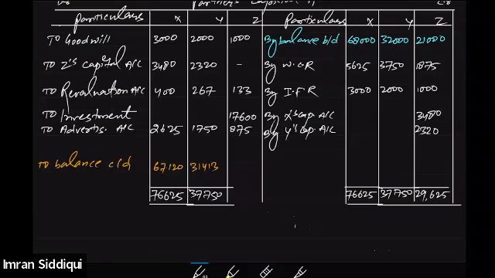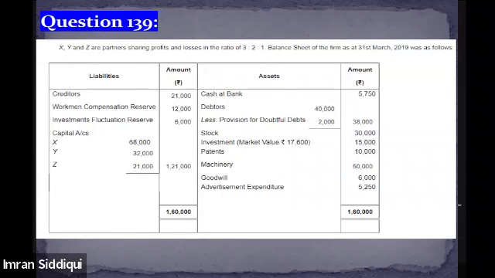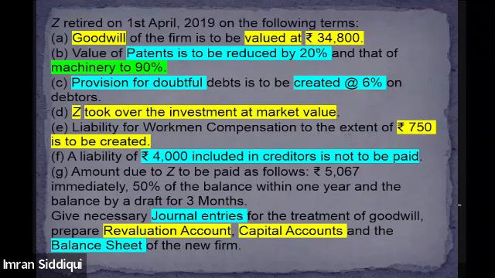Sir, one more adjustment is pending. Bank account that we immediately payment to Z. Let me check. Okay, 5067 is to be immediately paid, right? Okay, yes.